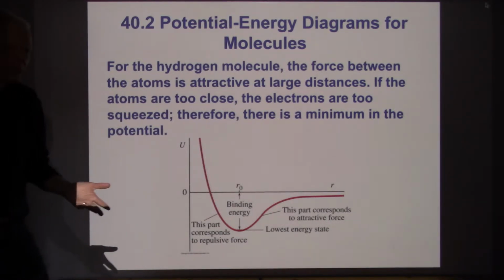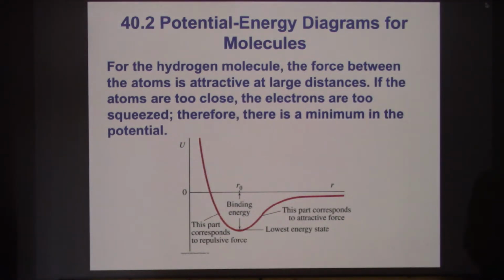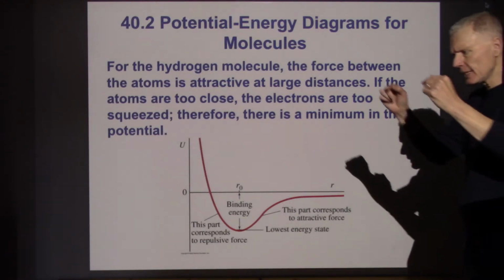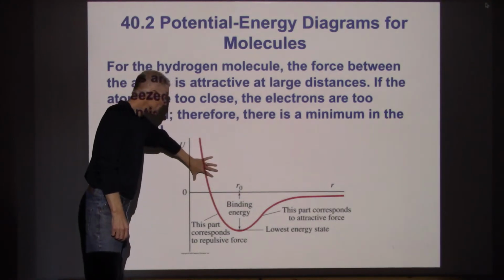If you remember back to chapter 38, what we showed was, as a particle is confined to a smaller and smaller region, it's going to have more and more kinetic energy. If the molecule gets smaller and smaller, the electron kinetic energies have to go up, and that creates a repulsive effect.